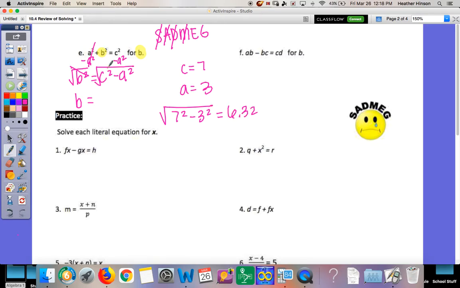If I were to cancel out these squareds and say that was just c minus a, well, 7 minus 3 is 4. Those are not the same thing. So canceling out those squareds does not give you the same answer. So we can't do that. We have to leave the square root and squareds there.